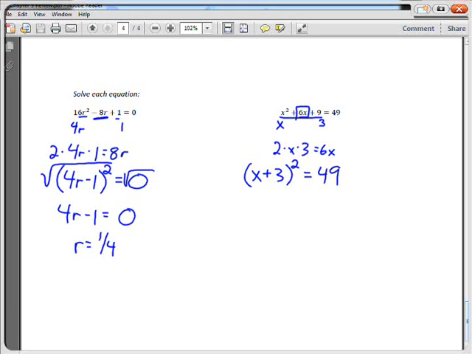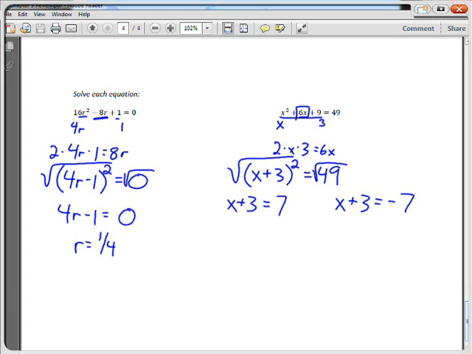And again, I can apply the square root to both sides. The square root of x plus 3 squared is just going to be x plus 3 is equal to the square root of 49, which is 7. Now, the square root of 49 can also be negative 7. So I also need to say that x plus 3 could equal negative 7, because a negative 7 times a negative 7 is a positive 49.